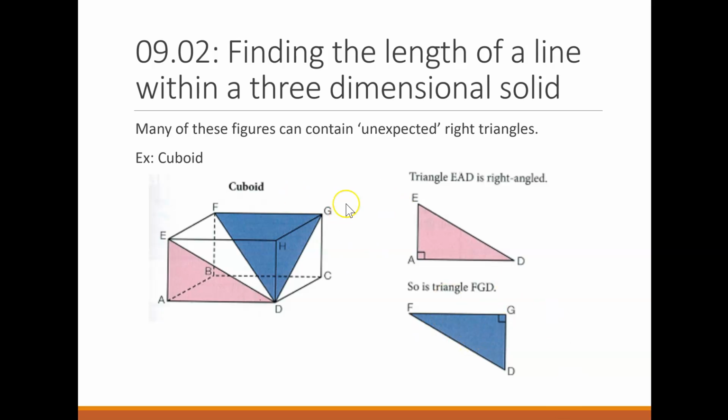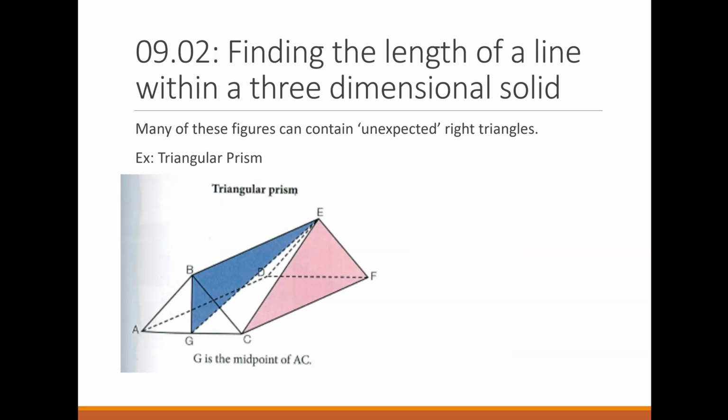Okay, so we're going to do a bunch of these unexpected ones where I'm going to show you some triangles that don't look like a right triangle when you draw it on a sheet of paper, but you have to think about it in three dimensions. All right, we'll do another. So here, again, the pink one, EFC, pretty obvious that should be a right triangle.